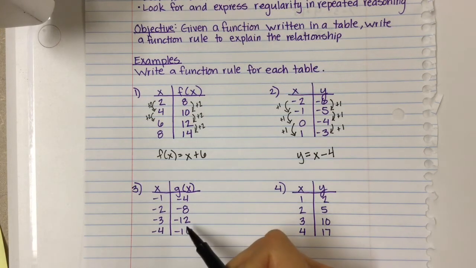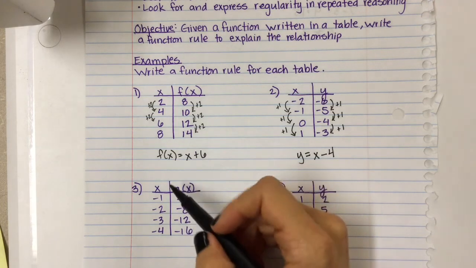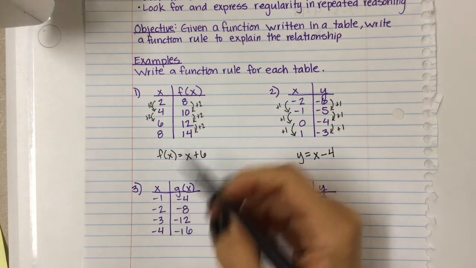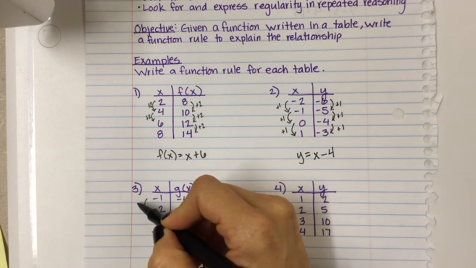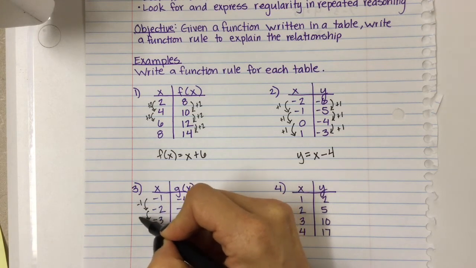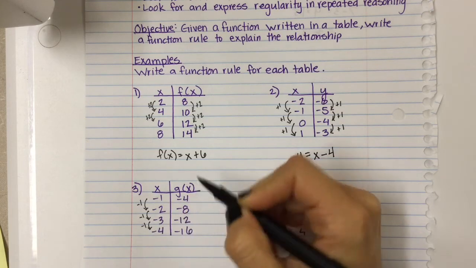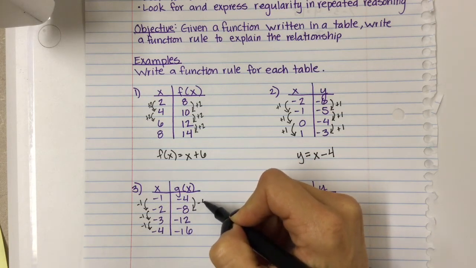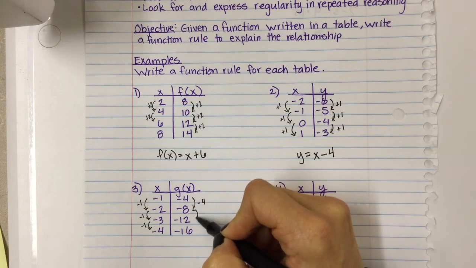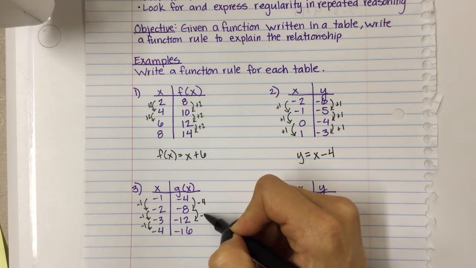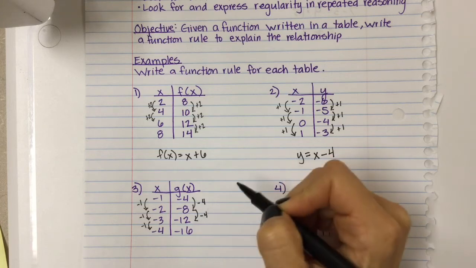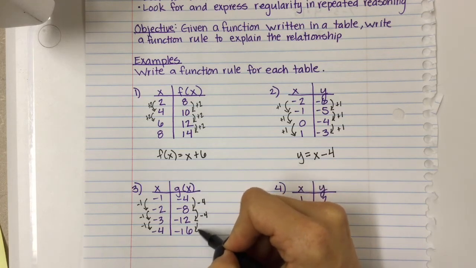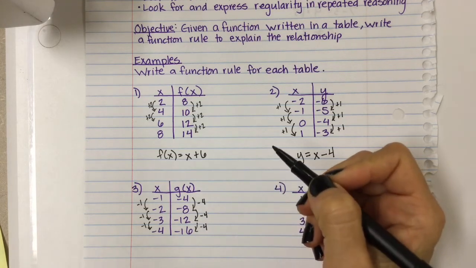I'm going to come over here. I'm going to look for a pattern here and then try to write a rule from that pattern. Right away, I'm seeing over here that I'm going down by 1. But over here, this is going down by 4, down by 4, and down by 4.